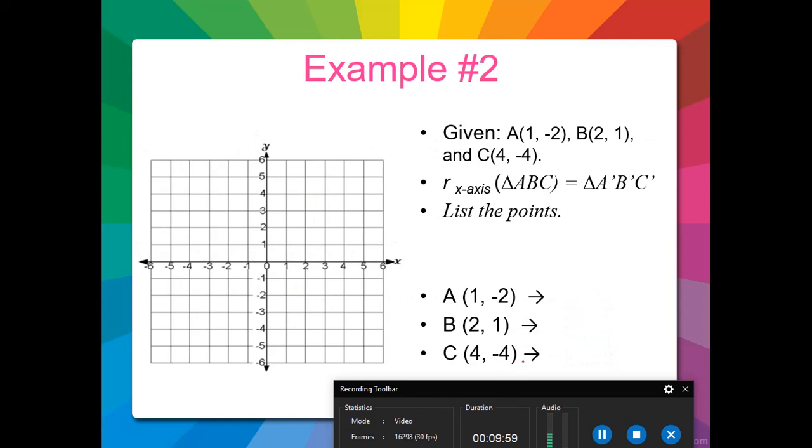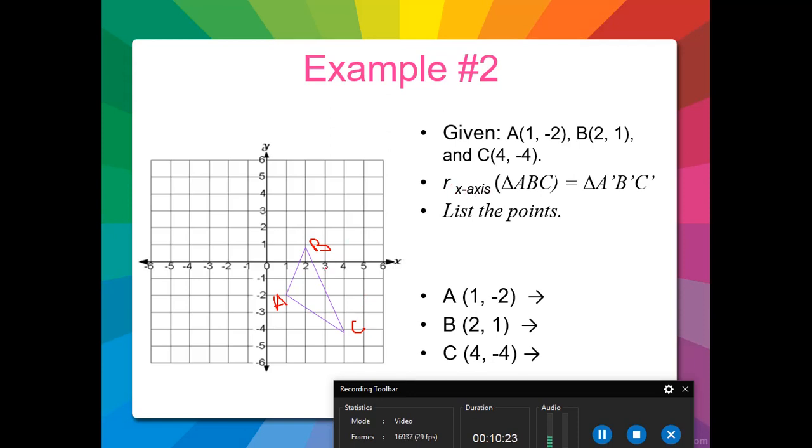Let's try example 2. We're going to plot triangle ABC. Two of the ordered pairs are the same, one's changed. All right, so we've got A, B, and C. What you'll notice is we're reflecting in the x-axis.